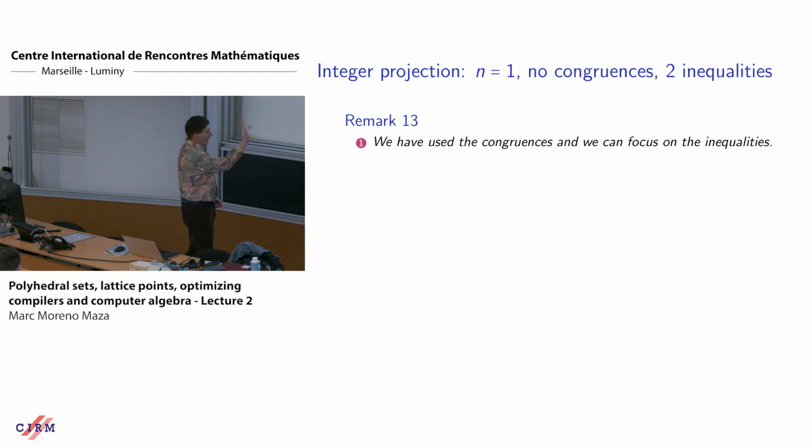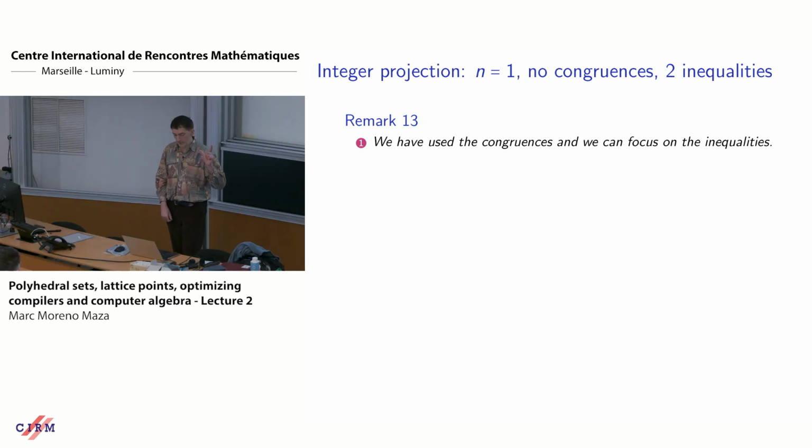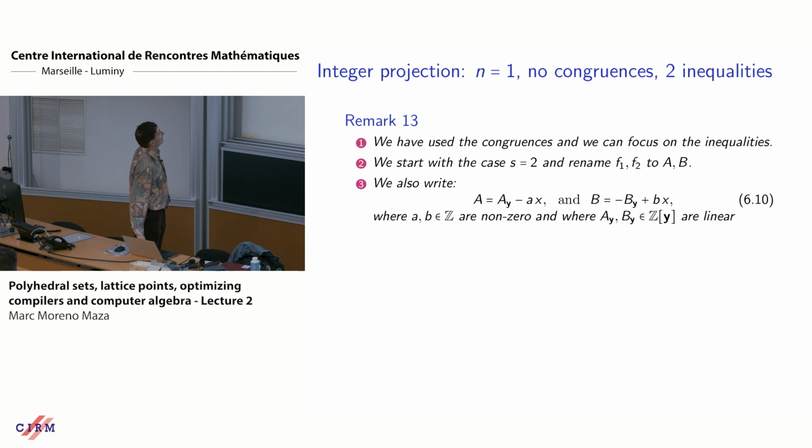Okay, so now again I've put the congruences aside because I've solved them with the lattice. And I need to focus on the inequalities. I will first assume that I have only two inequalities, and then I will go back to the general case. And I will assume that these two inequalities are a pair of lower bound, upper bound for the variable that I want to eliminate.